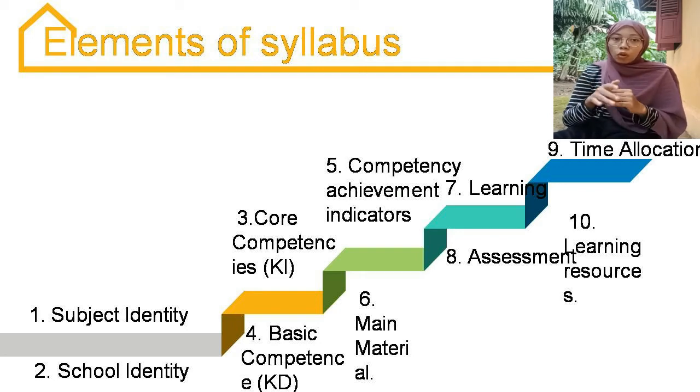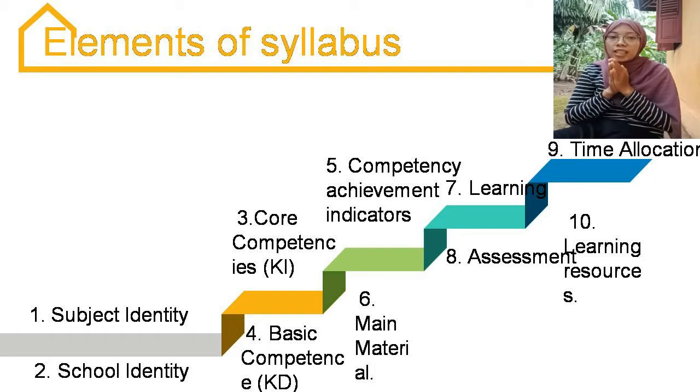Third is core competencies or KI, a description of competence in the aspects of attitude, knowledge, and skill that must be learned by students at the level of school, class, and subject. And the next is core competence or KI. It is the level of ability to achieve the graduate competency standards that students must have at each grade level or program, which forms the basis for developing basic competencies.